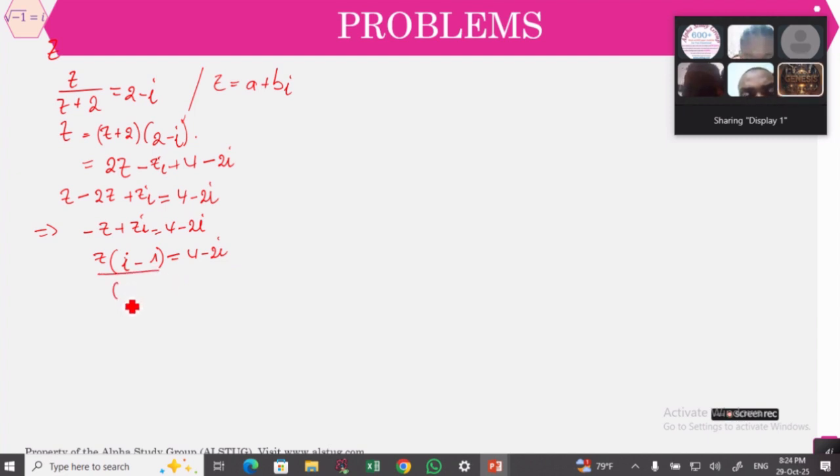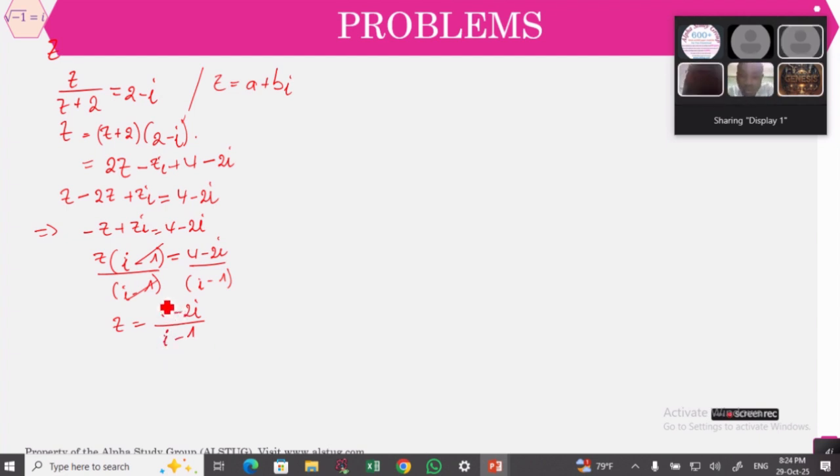We divide all through by i minus 1, and we'll be left with z equals 4 minus 2i divided by i minus 1.